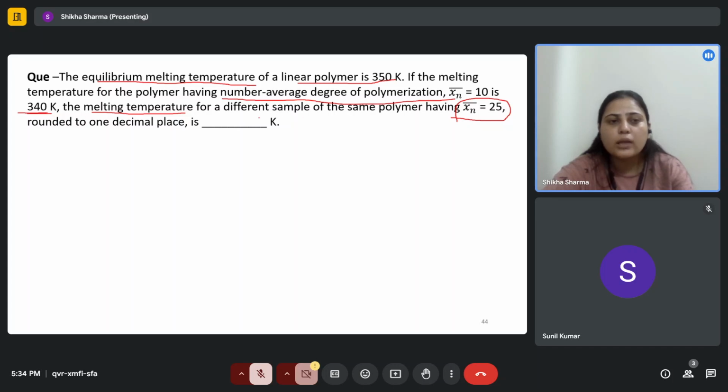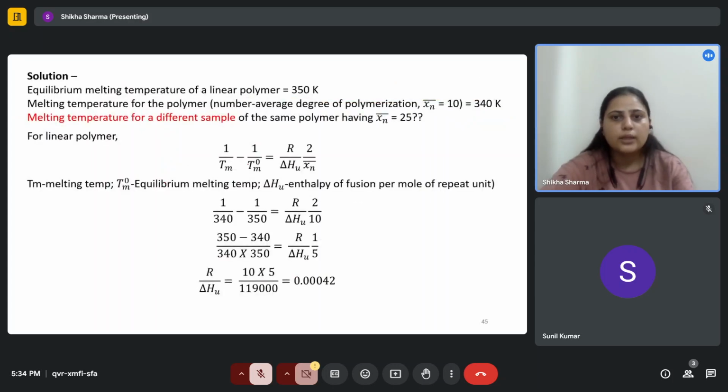So we need to calculate the Tm value at Xn bar 25. So let's solve this question.